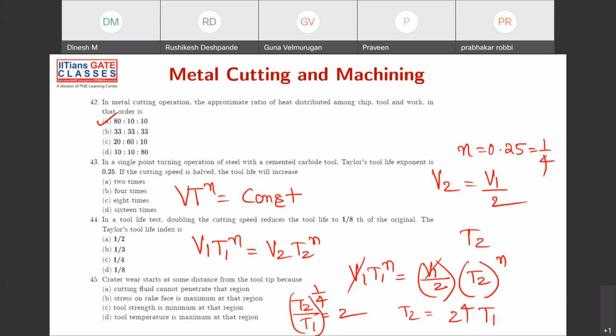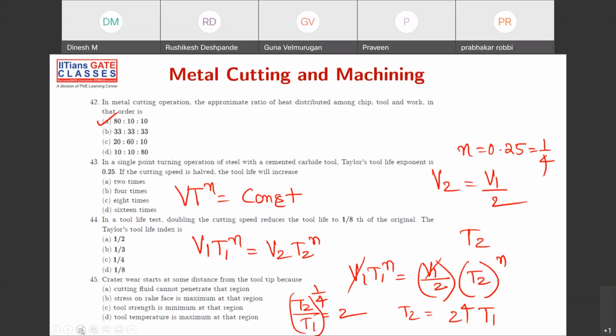What is 2 into 2, 4, 4 into 2, 8, 8 into 2, 16. How much is the answer? Now tell me. Obviously it is D. Rishikesh has given the right answer.